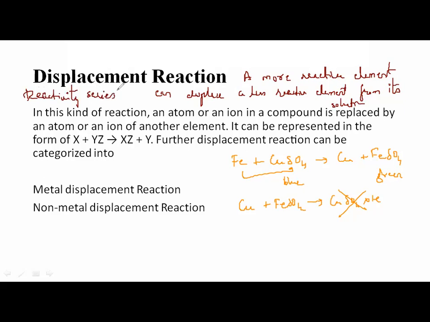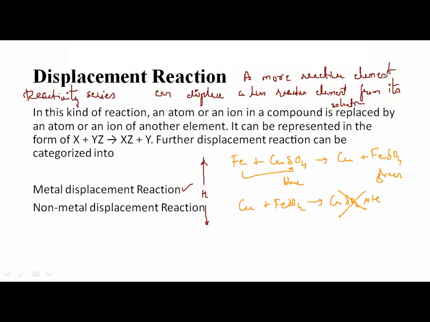Reactivity series. In the beginning you have lithium, sodium, highly reactive metals. At the bottom, for metal displacement I'm saying, you have copper, then gold, silver, mercury, platinum and all. Hydrogen comes in between. Those above are more reactive, those below are less reactive. That reactivity series must be known.